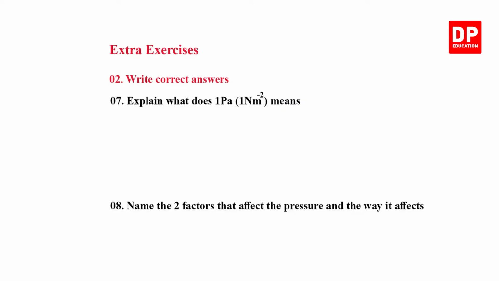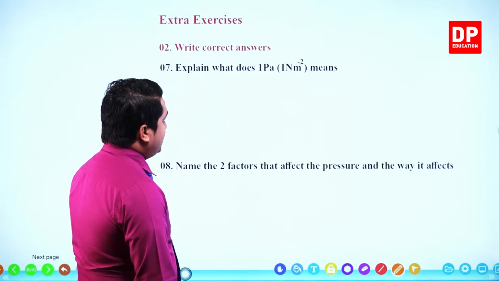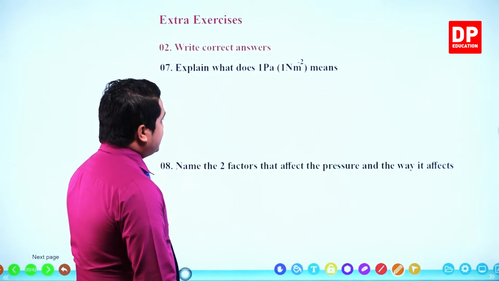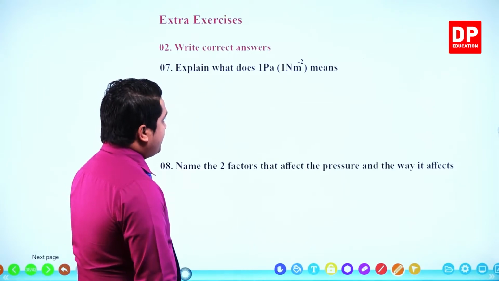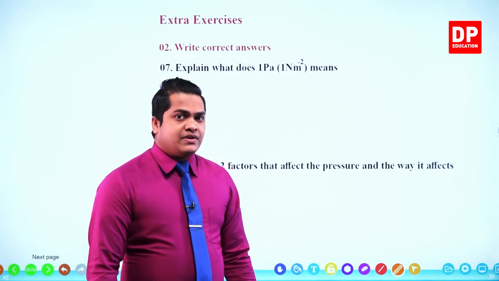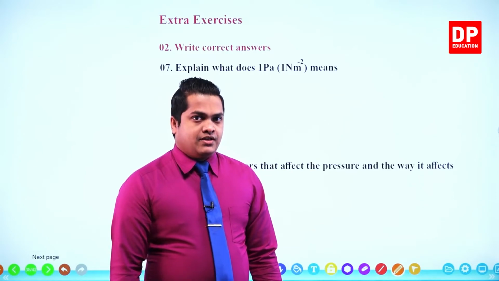Explain what does 1 pascal or 1 newton per square meter mean. So you have to explain what does 1 pascal or 1 newton per square meter mean. The meaning of 1 Newton per square meter is quite simple.